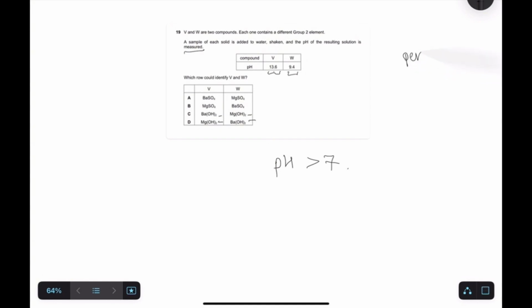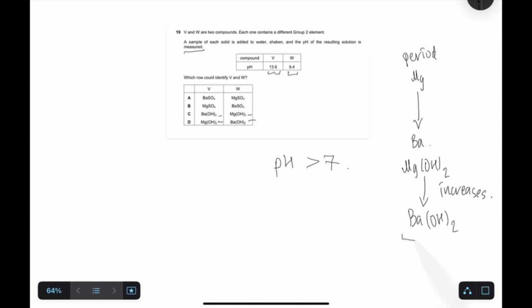For group 2, from magnesium to barium, the solubility of the hydroxides increases down the group.